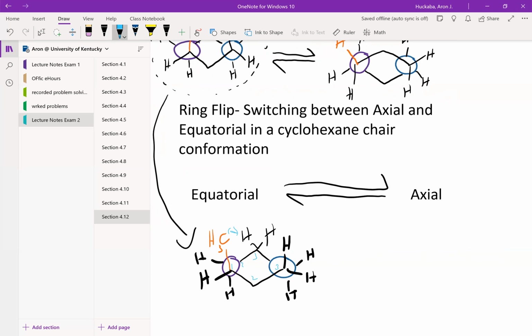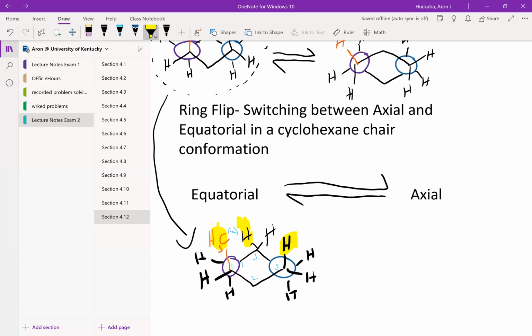So that means the substituents that I am now highlighting are in contact with each other in a steric way, much as the torsional strain and steric strain that we saw in section 4.6, drawing Newman projections.